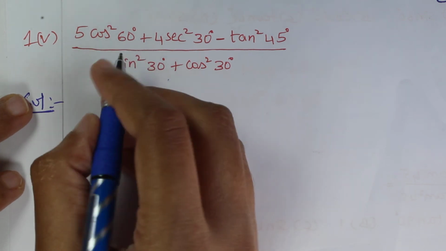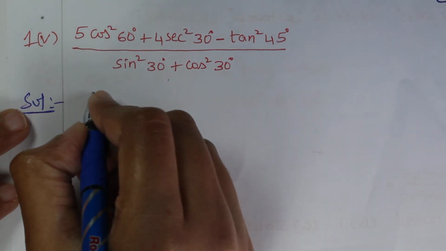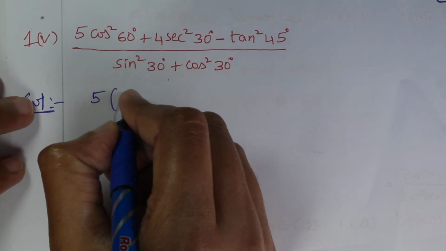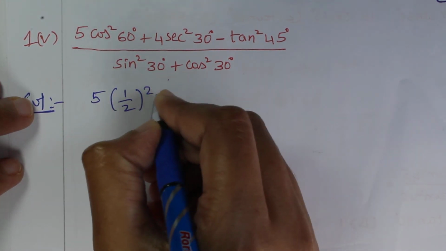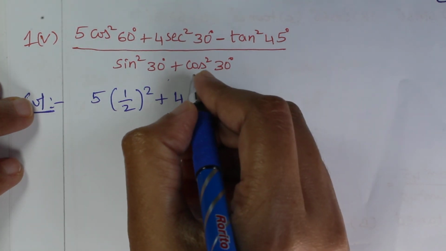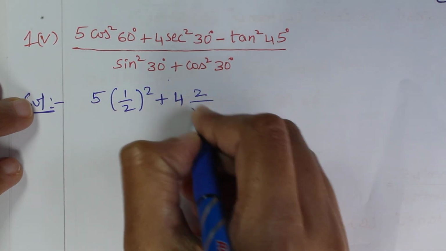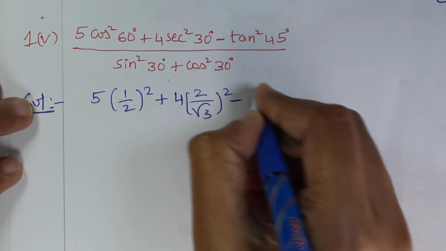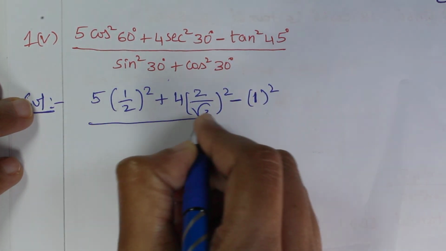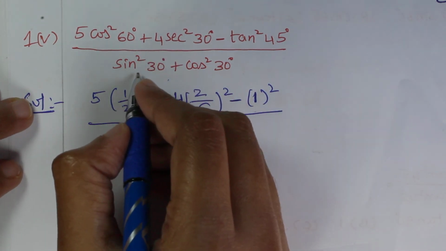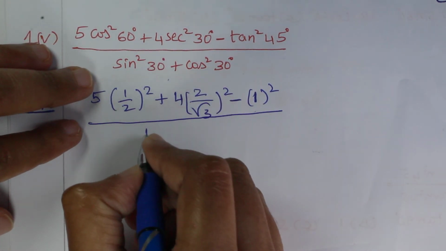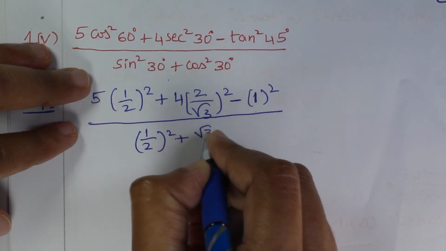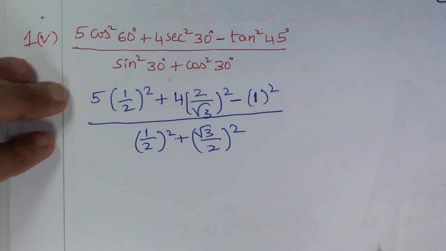So what is cos 60? 5 into cos 60 is half, 1 by 2, 1 by 2 whole square, plus 4 into secant 30 is 2 by root 3, 2 by root 3 whole square, minus tan 45 is 1, 1 square, divided by, what is sin 30? 1 by 2. 1 by 2 whole square plus cos 30 is root 3 by 2, root 3 by 2 whole square.